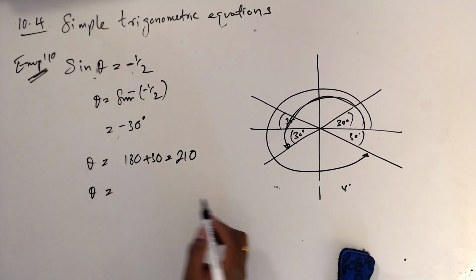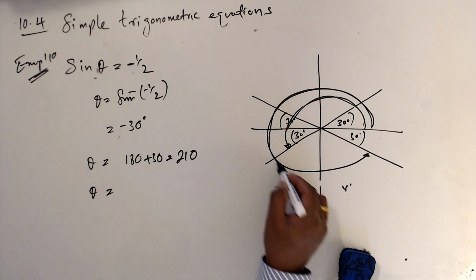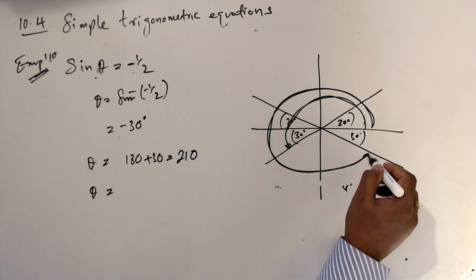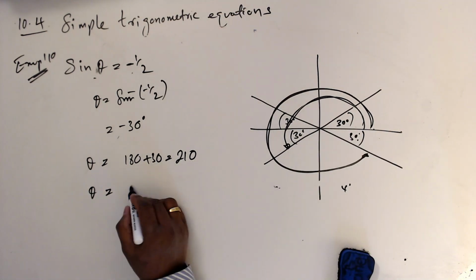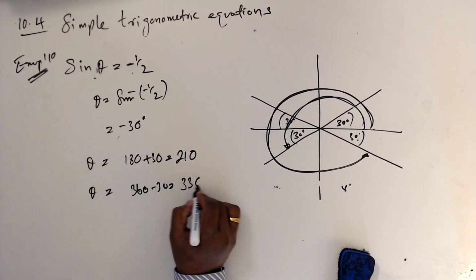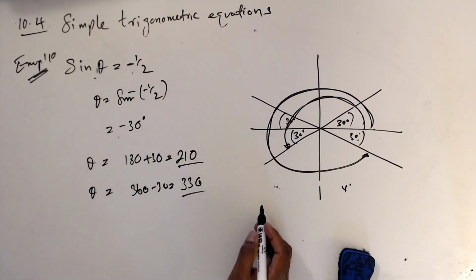The second one, this one, right? It means the whole circle is 360, up to here. This is 30. 360 minus 30 is 330. So those are the two answers.